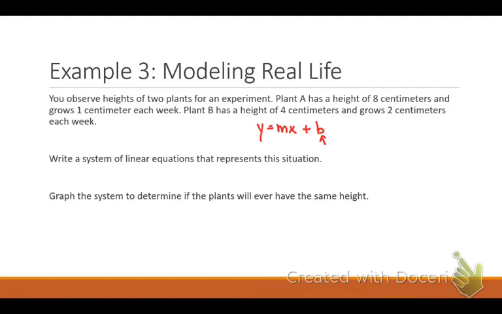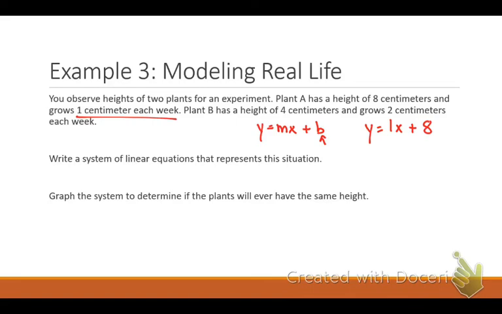Now, 1 centimeter each week, that is a rate. That's something that's continuously happening as the weeks go by. Does that make sense? So I'm going to plug it in: y equals 1x plus 8. Again, 8 doesn't have a variable with it because that's just the starting height.